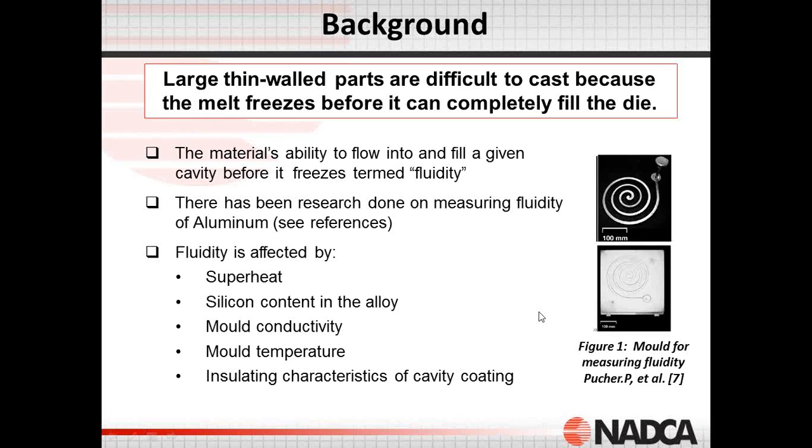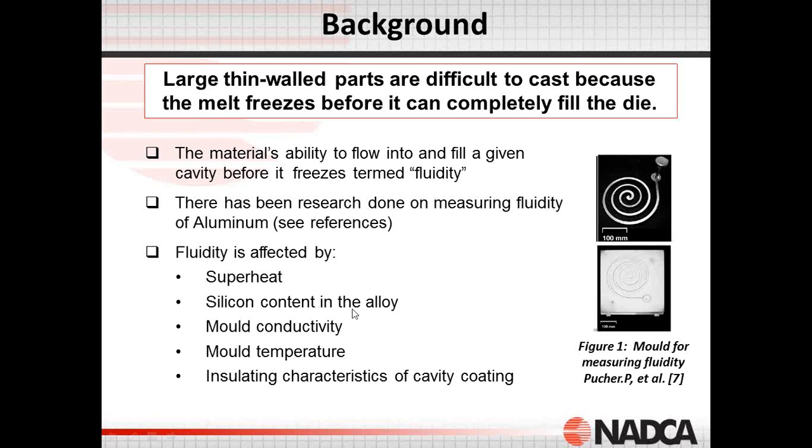And the conclusion from both of these research basically said that greater superheat of the liquid metal will improve the fluidity, which is kind of obvious. Superheat is, of course, the temperature above the melting point. So if you have a higher temperature before you pour, it takes a lot longer before the material freezes.